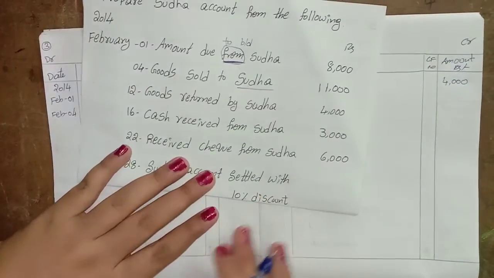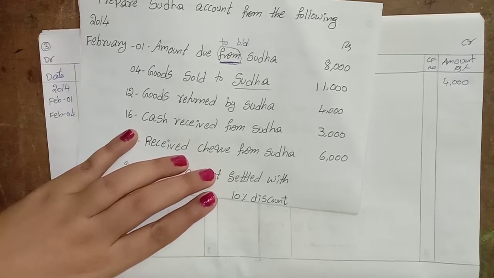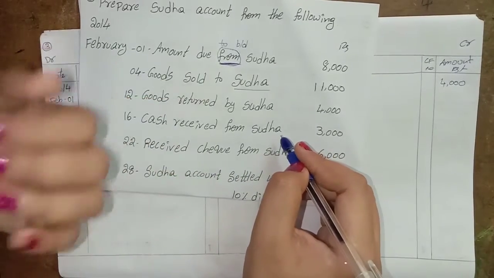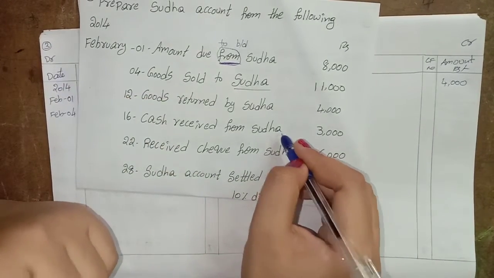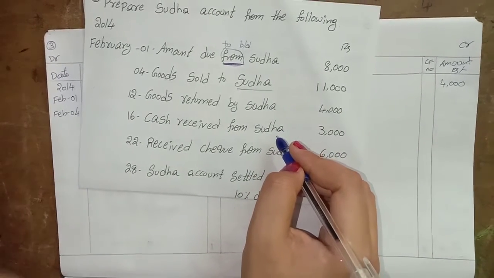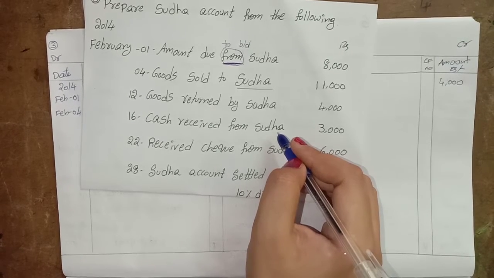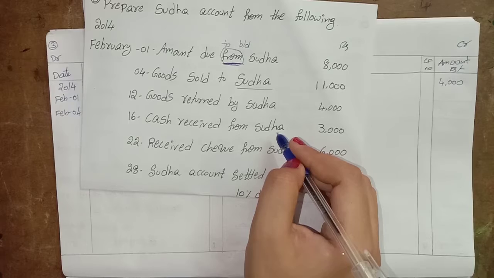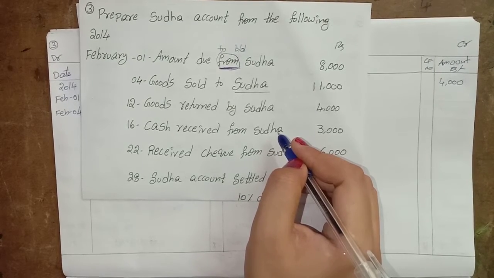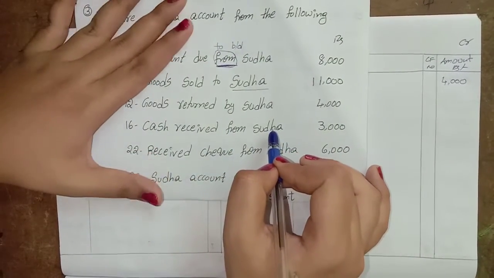And next, the next transaction is held on 16th. That is cash received from Sudha. That means cash account debtor to Sudha account. At any time we have to think that we are the business. The cash is coming to us. Here cash received from Sudha.